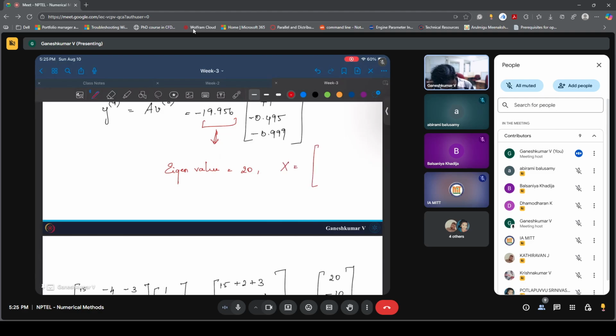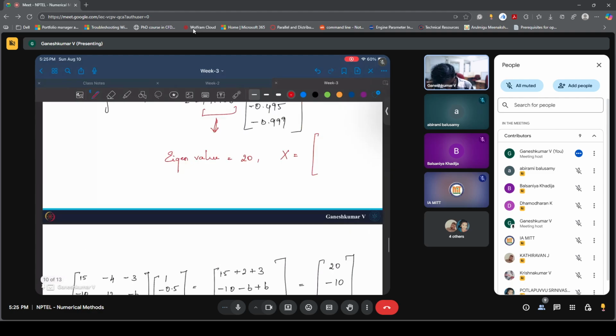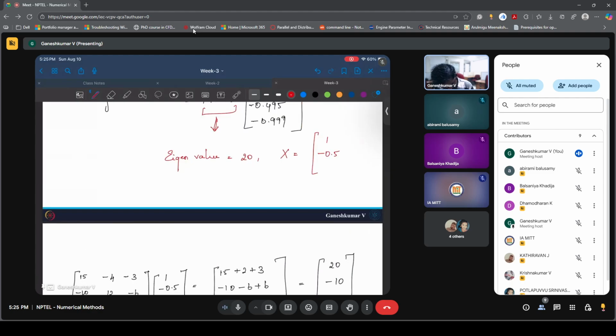Corresponding eigenvector is 1 minus 0.5 minus 1.